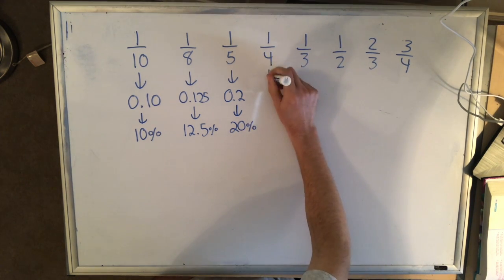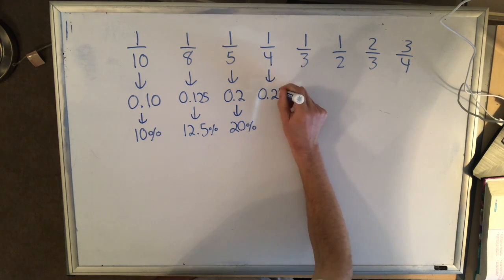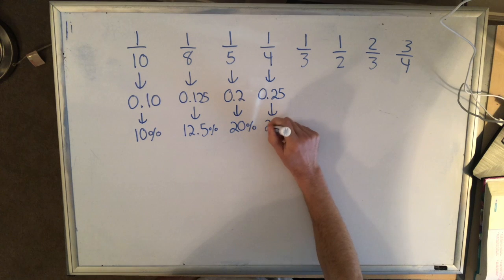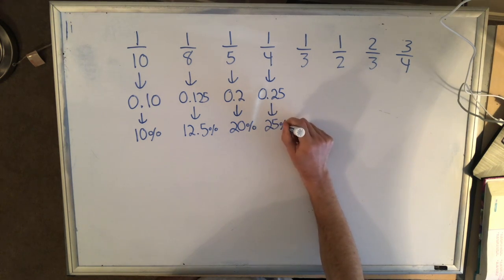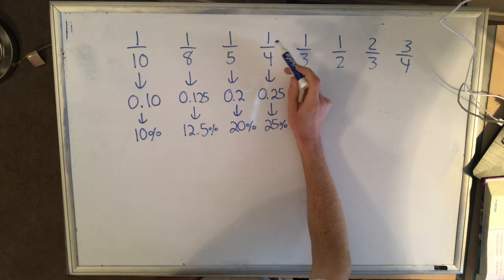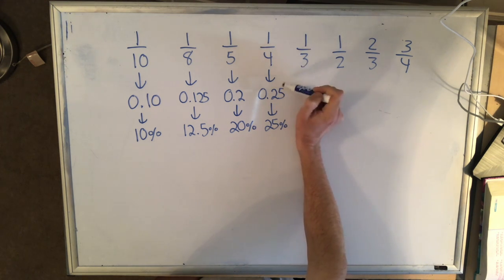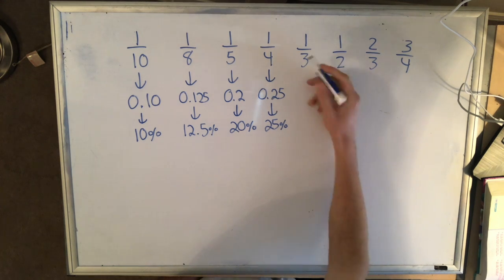And then 1/4, 1 divided by 4, if you work that out, that's 0.25, which is 25%. Also, if you multiply 1/4 by 25 over 25, which is the same thing as multiplying by 1, you get 25 hundredths, which is 0.25, which is 25%.